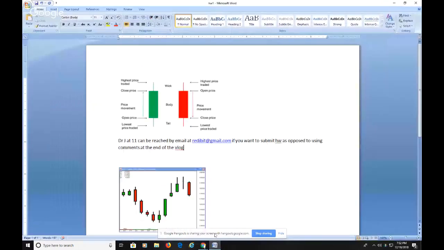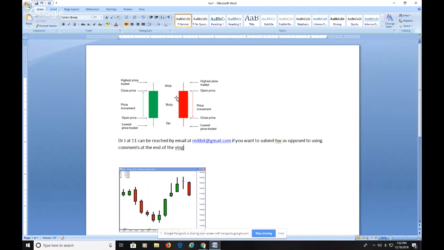Okay, so if you recall, in the last class, we introduced a bullish Japanese candlestick and a bearish one. We said that traditionally the colors are white and black, white for bullish, black for bearish, but it's more colorful to use green and red.